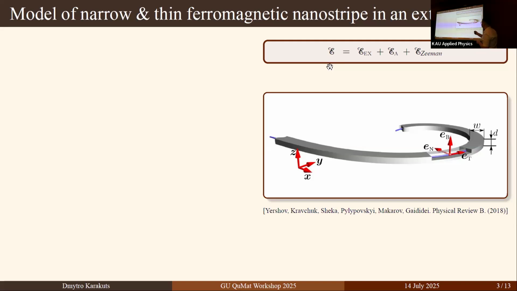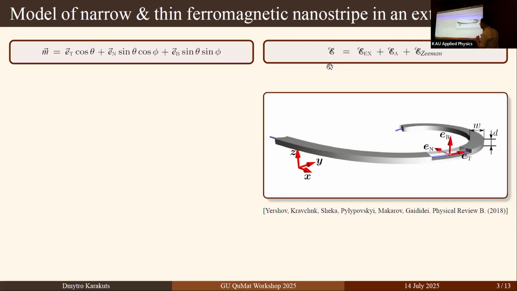First is an exchange energy, the second is an anisotropy energy, and the third one, due to the application of an external magnetic field, is Zeeman energy. For such a system, the magnetization can be simplified to a single function, which only depends on an arc length coordinate on the stripe and time. Here on the formula is shown the angular parameterization of such a function.